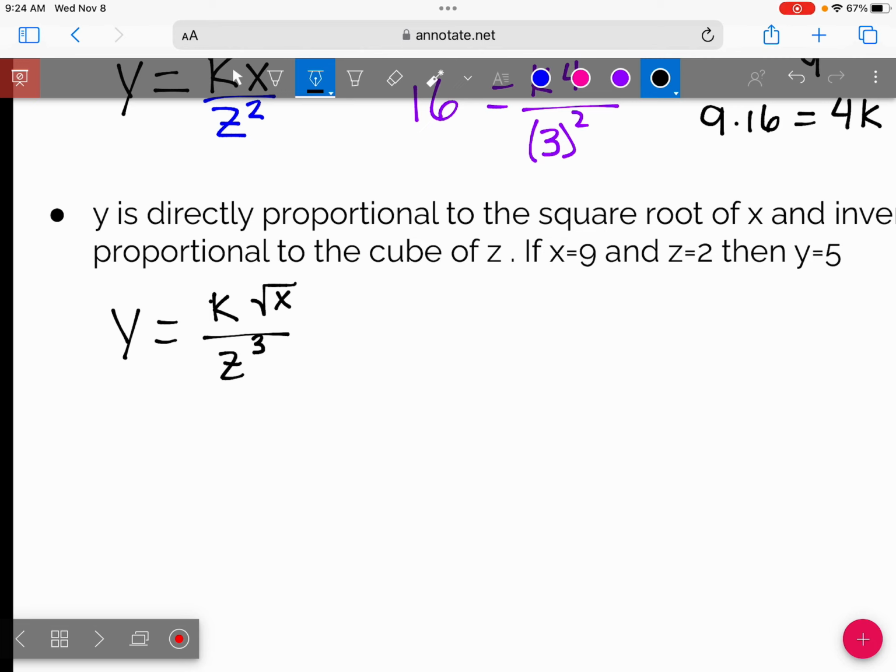Okay, so we're going to substitute in the values we have. So my y is 5. I don't know my k. We've got the square root of 9 over 2 cubed.